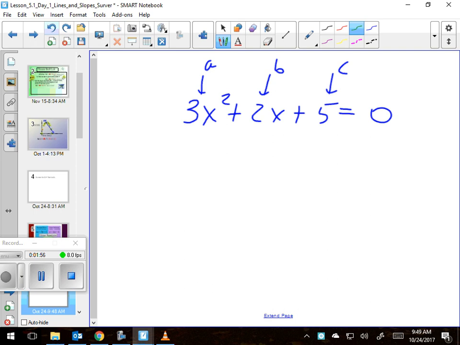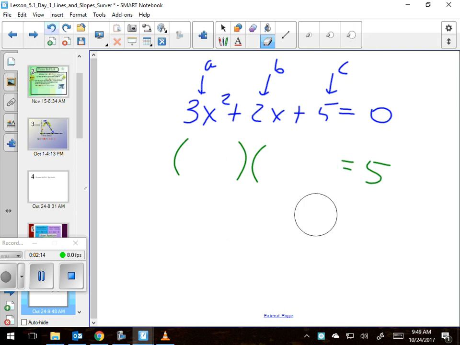If I can't factor it, it's harder to find those x-intercepts, but I can still use the quadratic formula to find them. So if you can factor it, you should. This one won't factor. So if you can't factor it, then you could use the quadratic formula and you would find the x-intercepts.